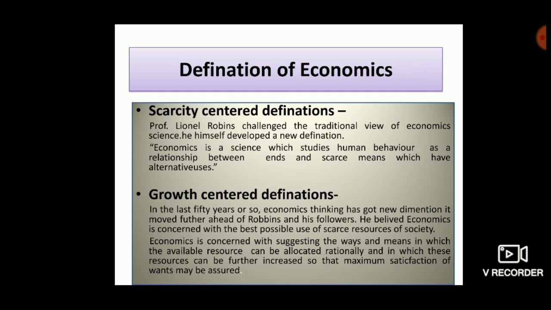A man is always surrounded by his wants. He can never satisfy all of his wants. Therefore, the need arises to choose between more and less urgent wants. It gives rise to the economic problem. And human wants are unlimited.